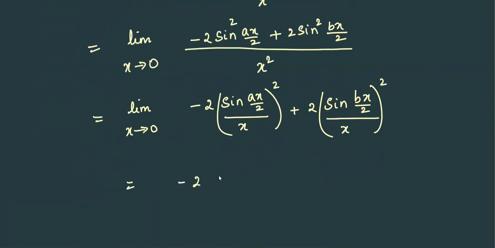So we get minus 2 into (a by 2) the whole square, plus 2 into (b by 2) the whole square.